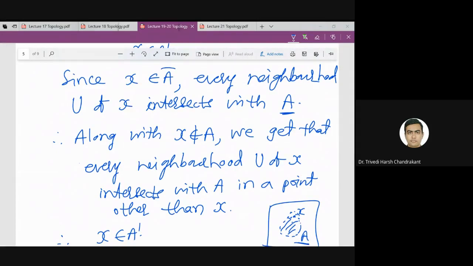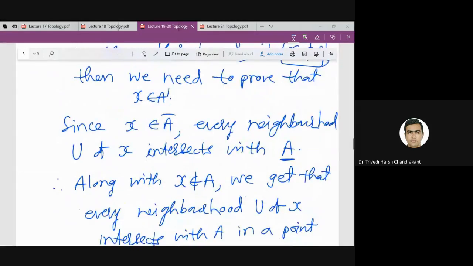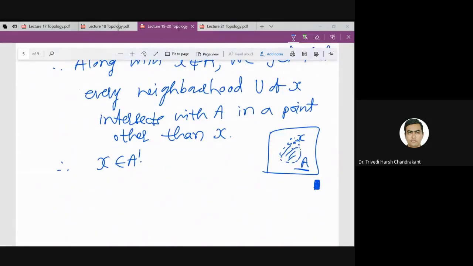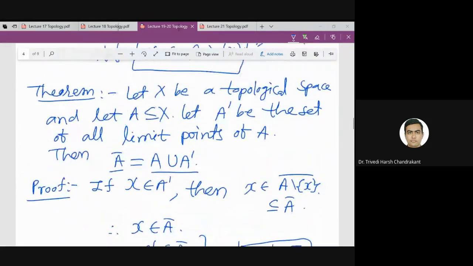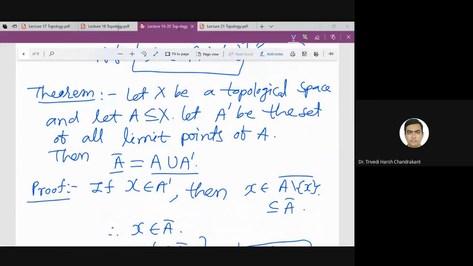The only thing here we are using is the result that X is in A closure, which means every open set intersects with A, and since X is not in A, it will obviously intersect in a point which is other than X itself. So this is just a simple result which we have proved in terms of limit points.